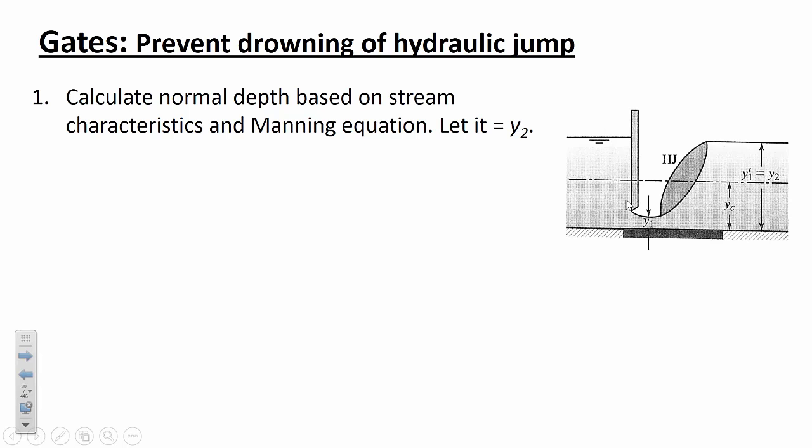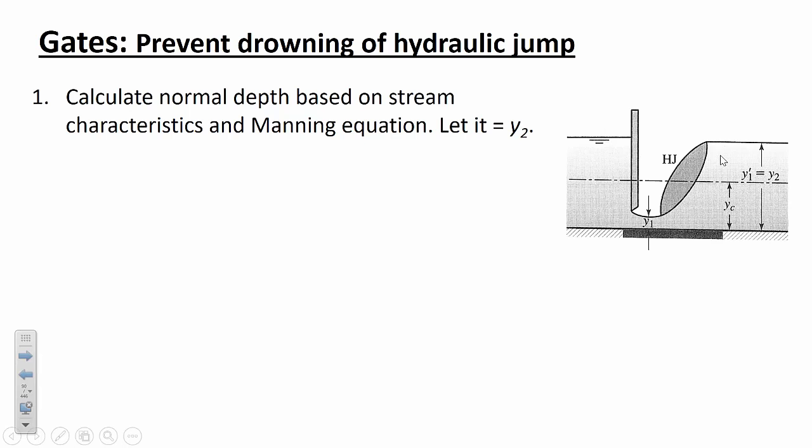How you open the gate is another factor that can control where the hydraulic jump occurs. Last time I mentioned that the slope of the channel is one factor that can account for where the hydraulic jump is, because the slope of the channel is going to determine the normal depth downstream of the jump that the hydraulic jump is going to have to match up to.